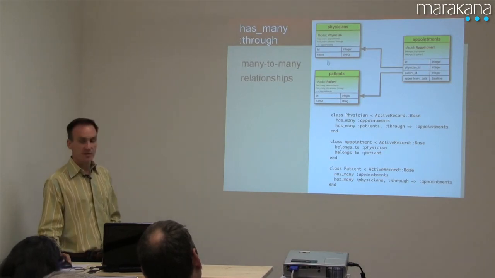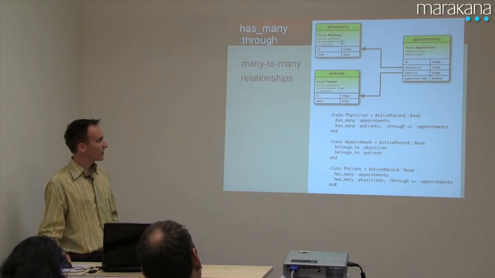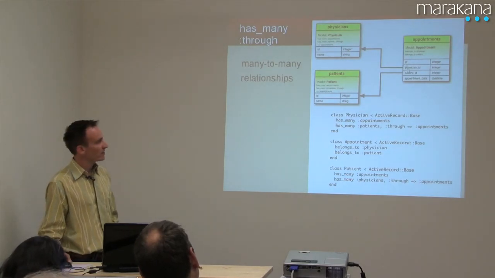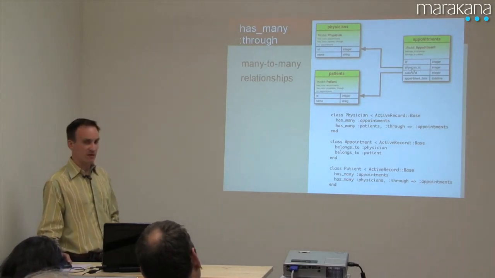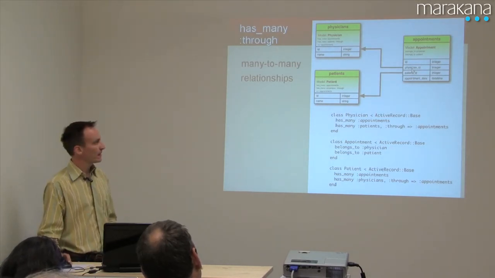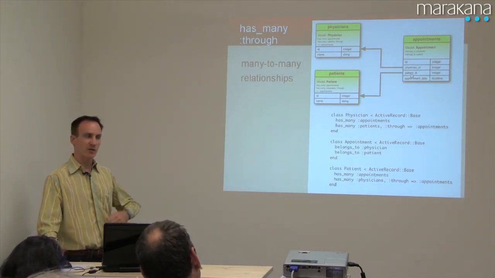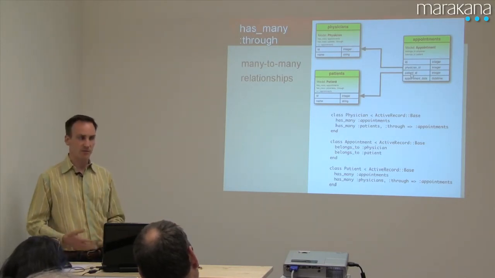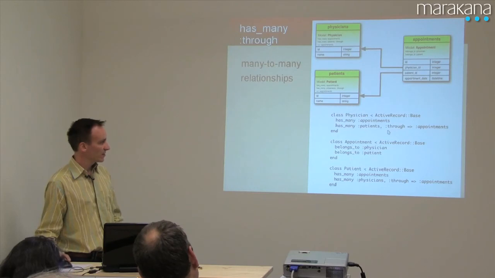So there's a many-to-many relationship between these two objects. And the way this is mediated is through this appointments table. If this is like a clinic with many doctors and many patients, then each appointment would be specific to a physician and a patient. But any given patient can have multiple appointments and multiple doctors, and each doctor can have multiple appointments and multiple patients. And this is how it's mapped.